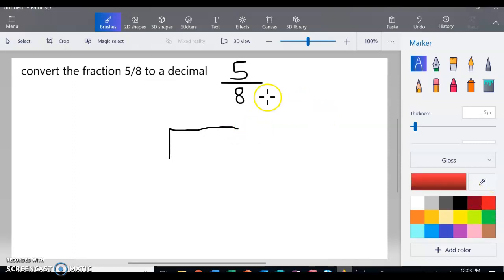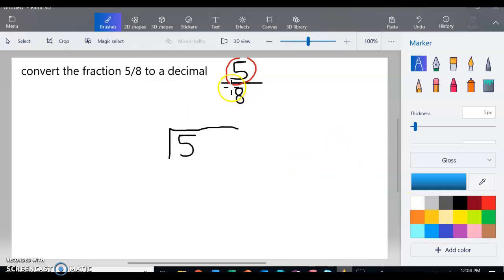Now remember, step one is to put the numerator, or our top number, into the inside of our house. So we're going to put this 5, this numerator, into the inside of our house.